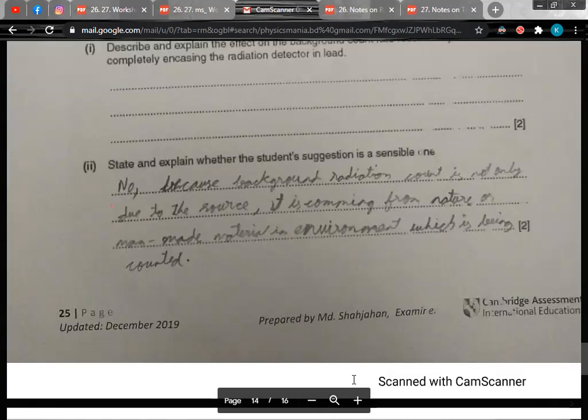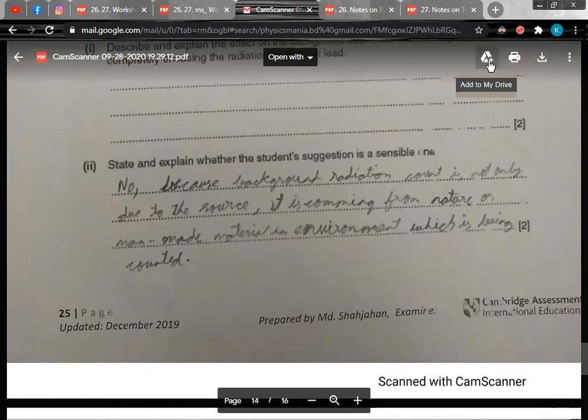I think this should not be the answer. Your no is fine, but the explanation is not correct. When we need to count the rate of the source, meaning what it is emitting, we need to take the counter outside the lead box.